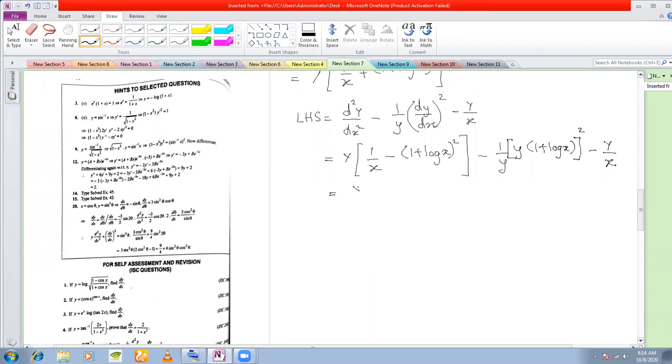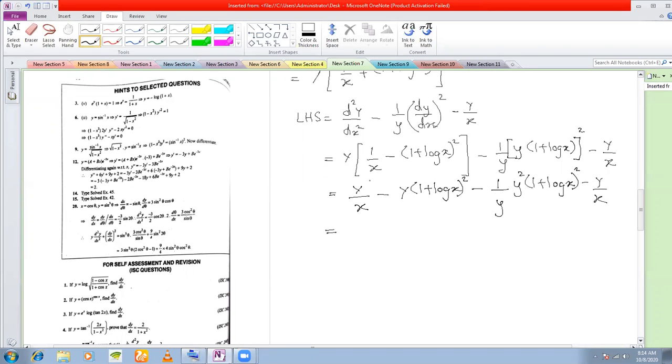We get y by x plus y into 1 plus log x whole square minus 1 by y, here you get y square into 1 plus log x whole square, minus y by x.